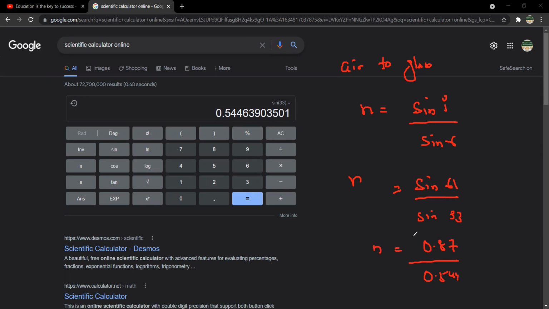That will be the value for n. When we simplify 0.87 divided by 0.544, that is equivalent to 1.59 or 1.6.